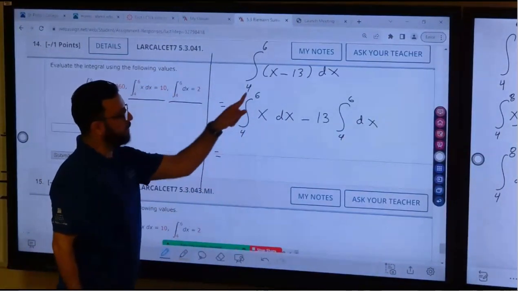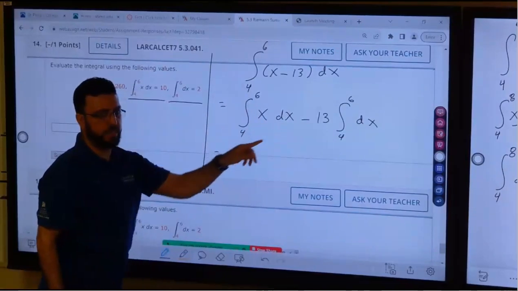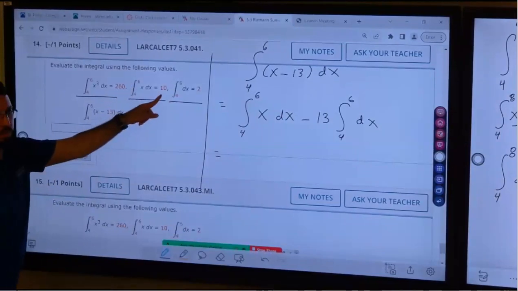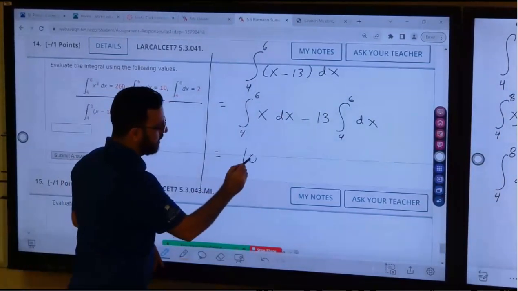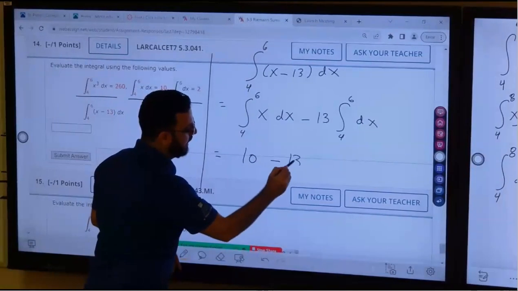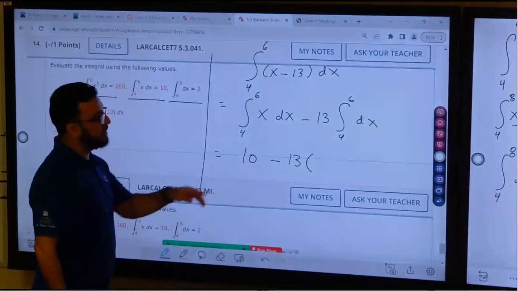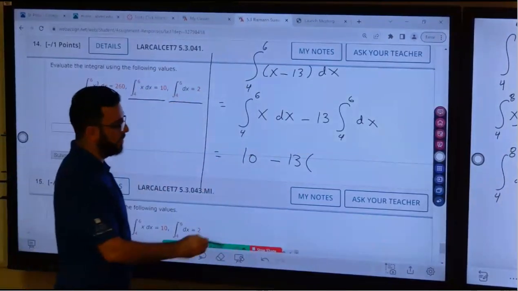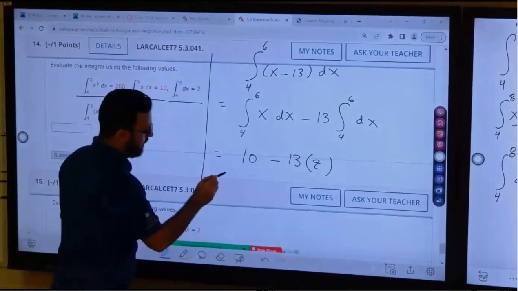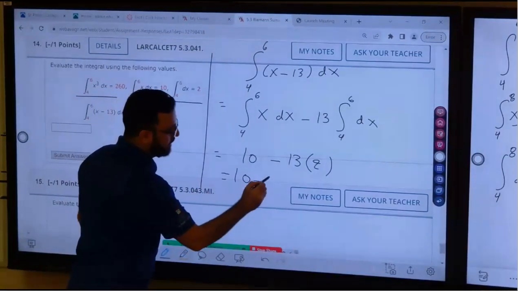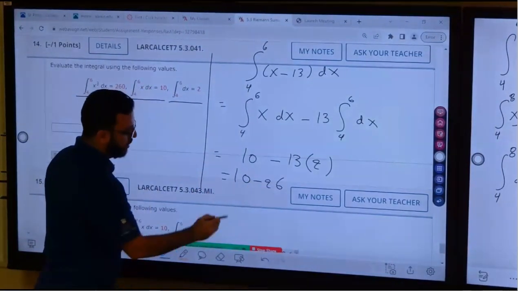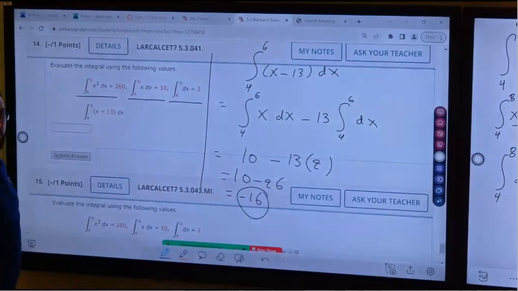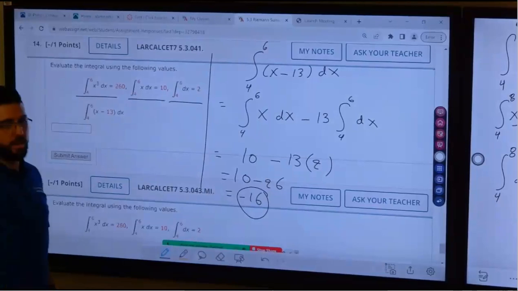The integral from 4 to 6 of x dx equals 10, so I'm just going to put 10 here. Here's the minus, and here's 13 times the integral from 4 to 6 of dx, which is 2. I'm going to put 2 here. That means it's going to be 10 minus 26, which equals... You got it?